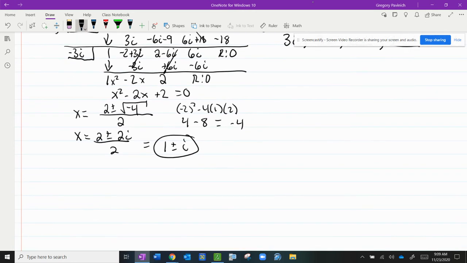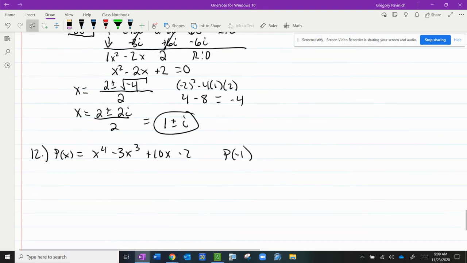Number 12, back to a nice easy one. Use synthetic substitution. Find P. We're going to say P of x is equal to x to the fourth plus 3x cubed plus 10x minus 2. Find P of negative 1 by synthetic substitution. So it's just asking you, what is the remainder, right?